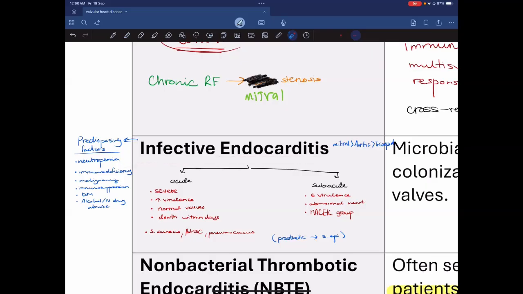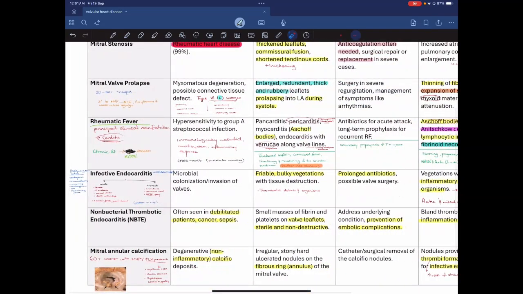If the patient had damage to the valve before, that increases the incidence of infective endocarditis, especially in the subacute type. The acute type might affect both normal and abnormal valves, for example if the patient has an injury to the valve, but here most of the time it affects abnormal valves.